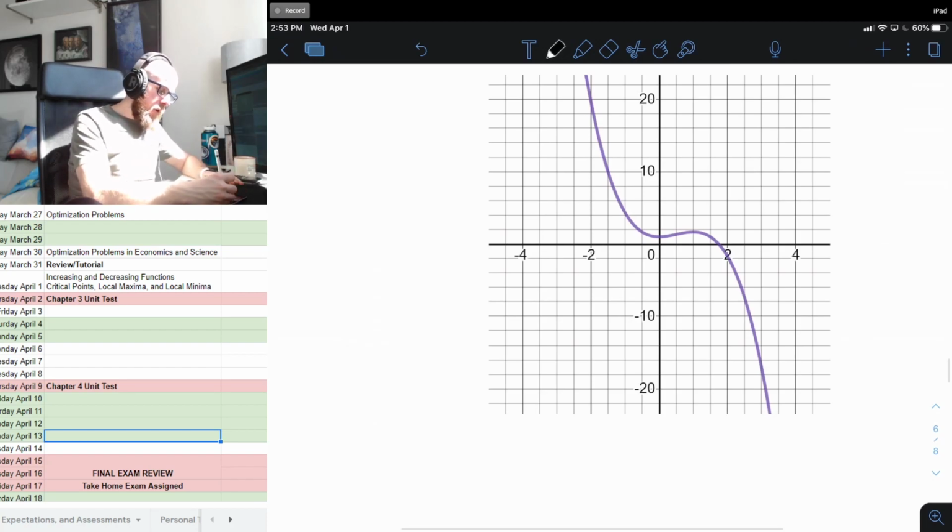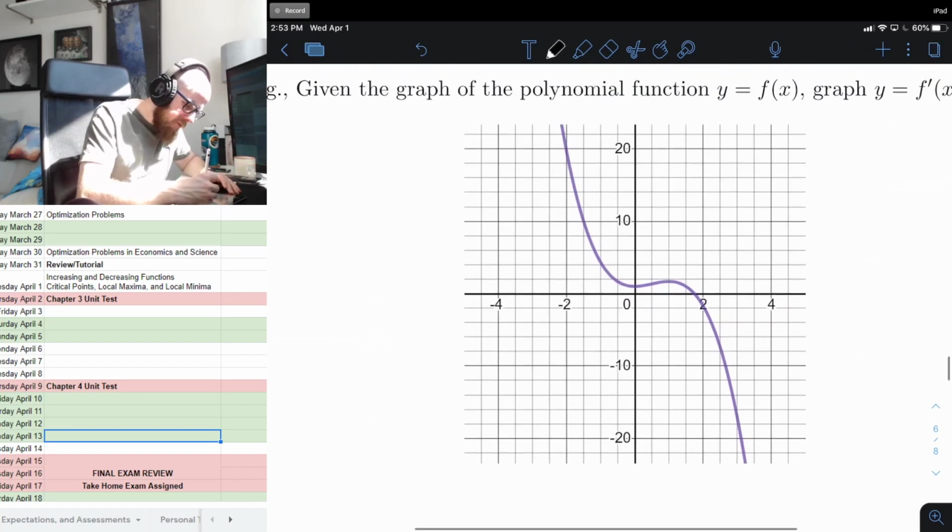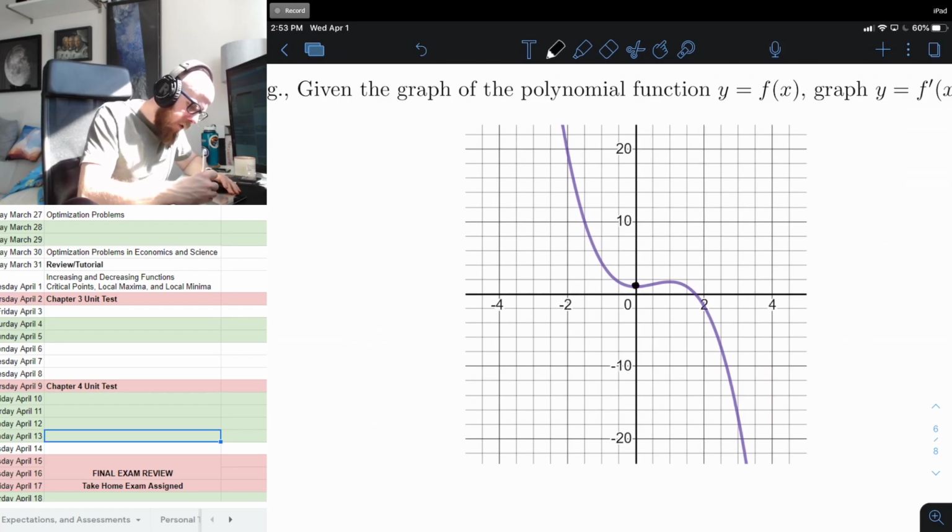Here it seems like I have a turning point, so I have a minimum, and my minimum is at x equals 0. And then it appears as though I have a maximum at x equals 1.